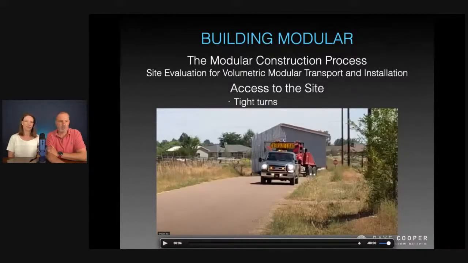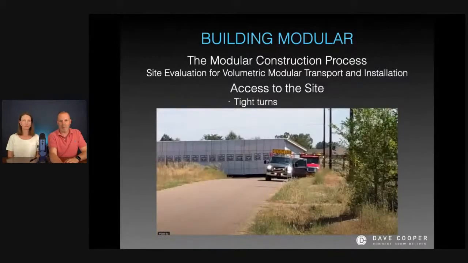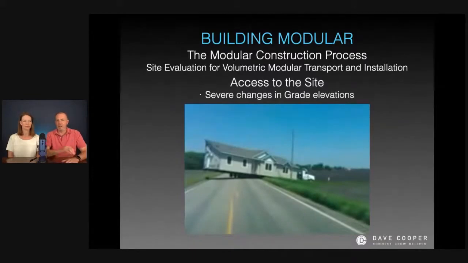Yep, absolutely. All right, access to the site. Sorry, the picture's blurry. It's the best one I could get. Elevation changes, grade changing. Remember how long these units are. If we go back to this one, look how long that unit is. So if you have the front of the truck going down a hill, and that thing's that long, you can see on this photo here that the back of the tires are up in the air.